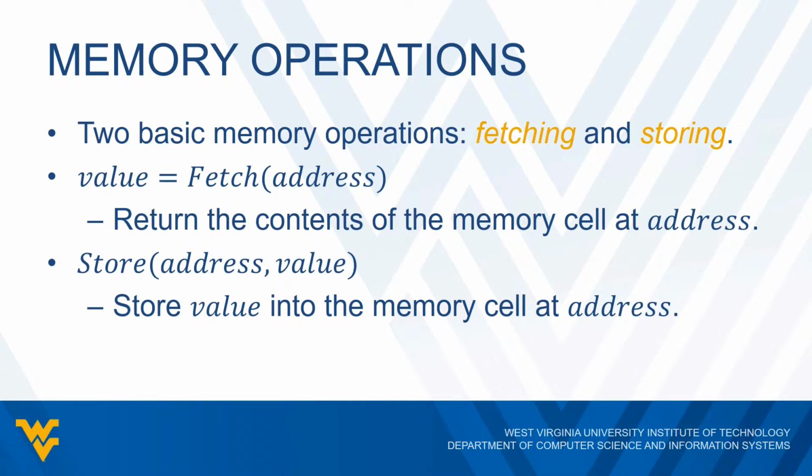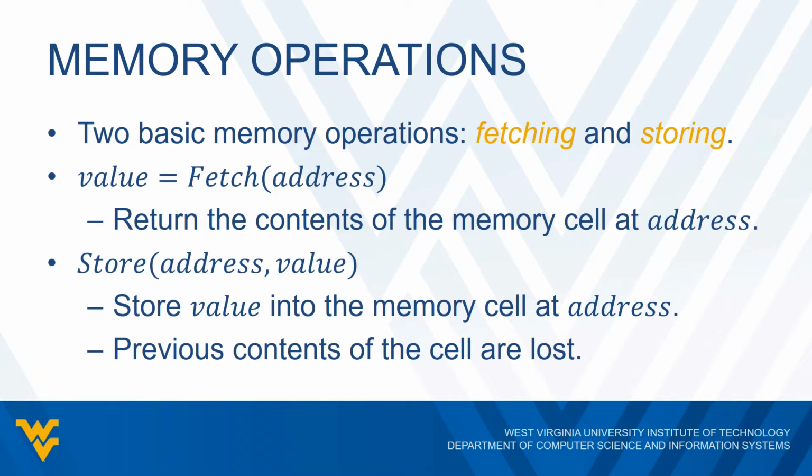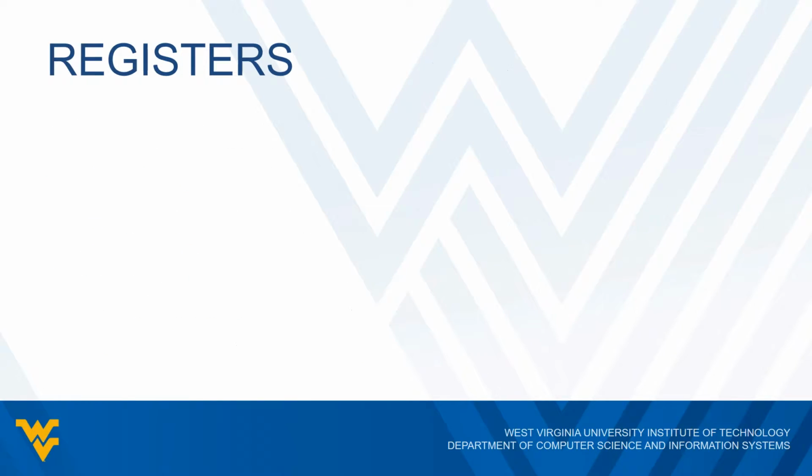What makes this a little different from the fetch operation is that the contents of the memory cell that we store the value in that were previously there are lost. With fetch, when we retrieve something from a particular address, the contents in that address stay there. It's not like we remove it and then put it into a value. We think of it more as a copy, whereas with store, we just overwrite whatever was in the cell with the value that we pass in here.